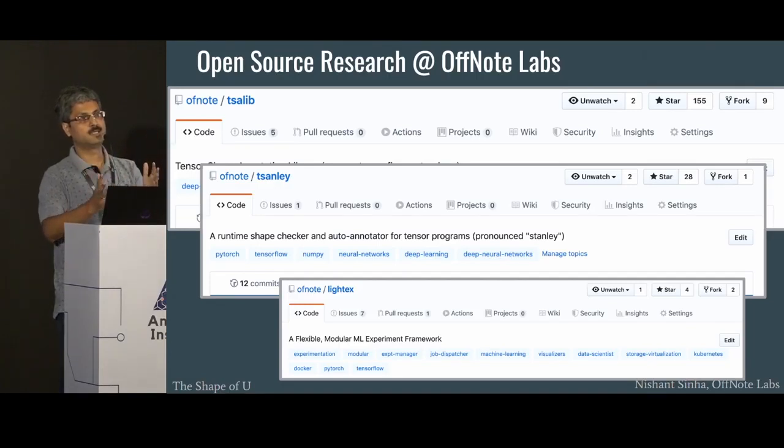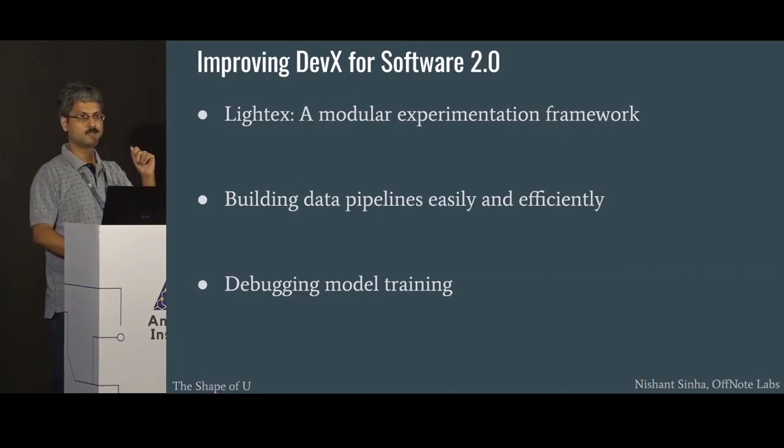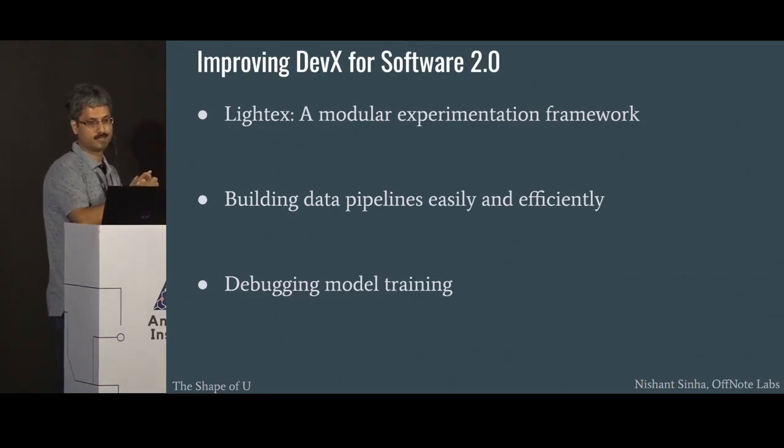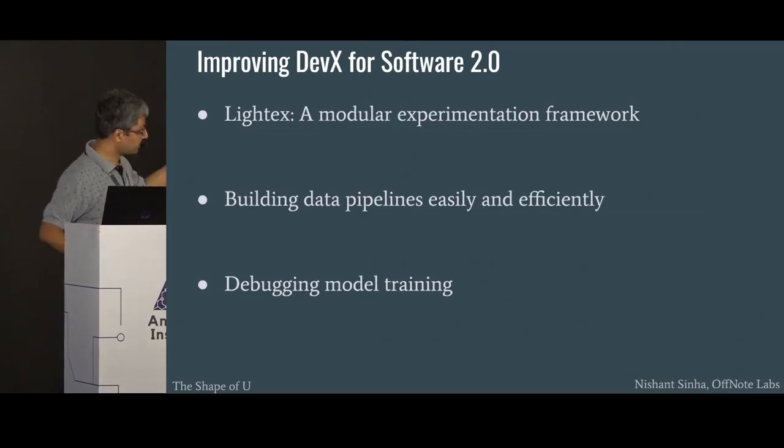Machine learning, deep learning is primarily an empirical science. There are a huge number of experiments that you have to do to figure out which of the options are correct, irrespective of how much intuition you have. A lot of it is art right now. People have not paid as much attention to how an experimentation framework should be designed, and LiteX is an effort.